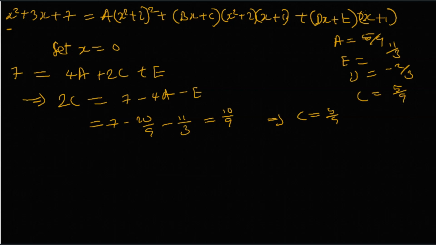So the only thing left for us is to find B. Okay, let's just set x equal to 1. That will help us find B. I'll do it in a different color.